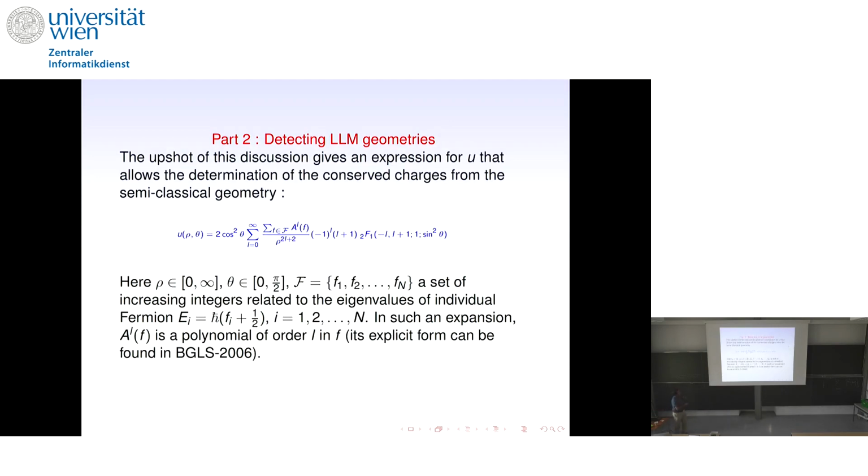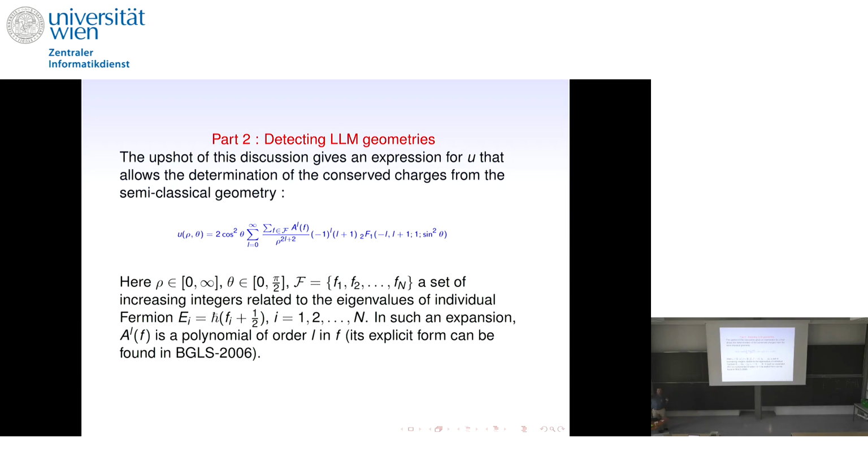And the upshot of that is that there is one function of 2 variables, rho and theta, which has an expansion in rho, some radial coordinate in this 10-dimensional space, times some function of theta, and the coefficients of that are related to Casimirs of U(n). That's what BGLS 2006 explained. So in other words, the multipole moments of this u function know about the Casimirs of U(n).